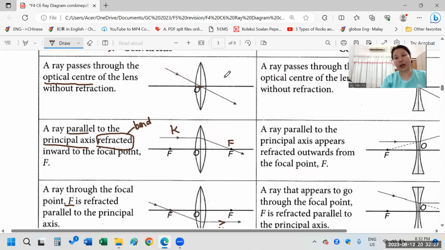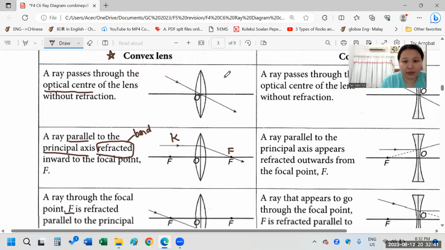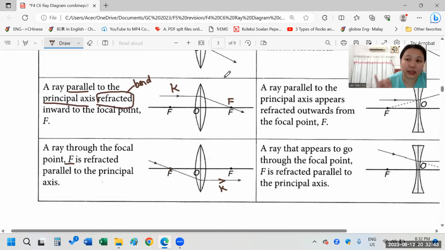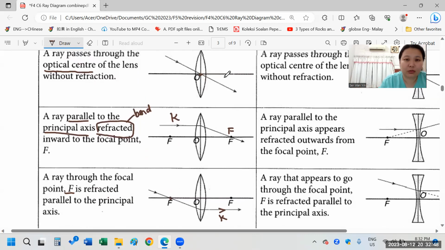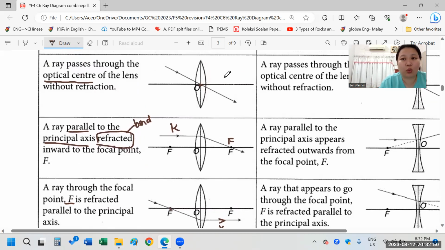Here are the three principles of how light passes through the convex lens. This KFC can be applied for all lenses and mirrors. So when we want to draw how the image is formed, it will be based on the KFC.